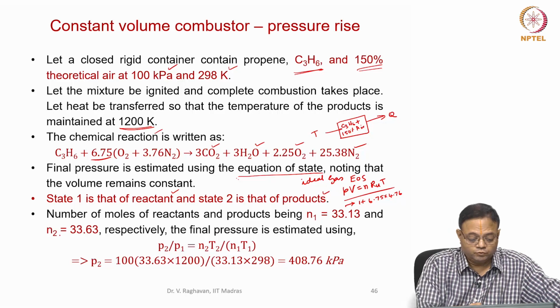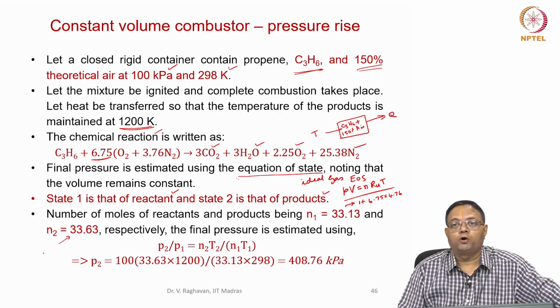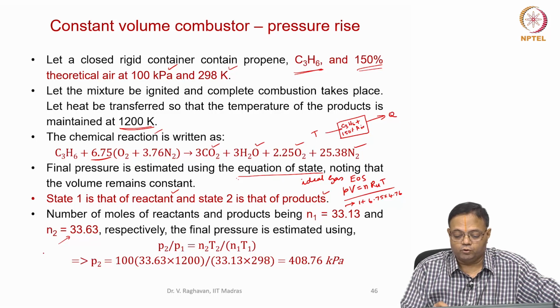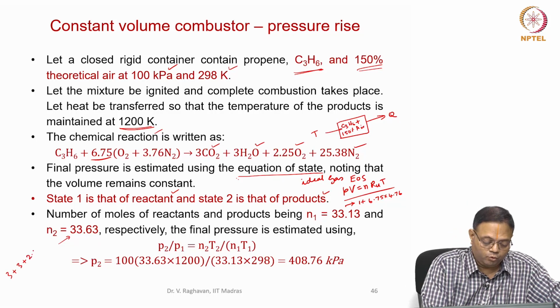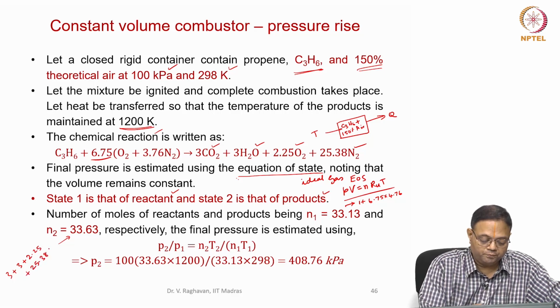Similarly, the number of moles of the products, N2 or N_P, will be equal to 3 plus 3 plus 2.25 plus 25.38.